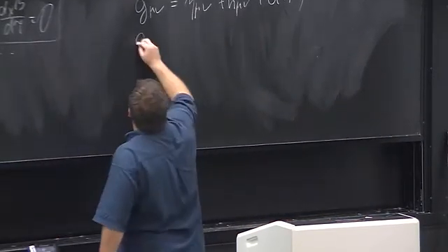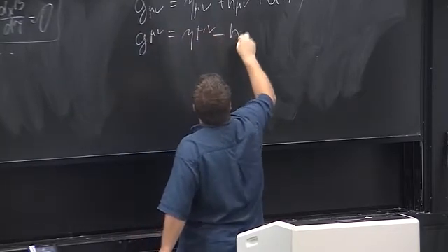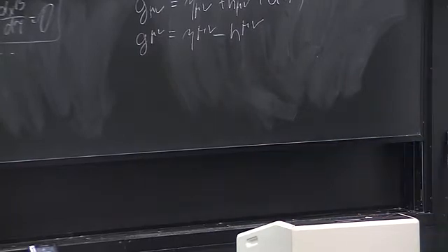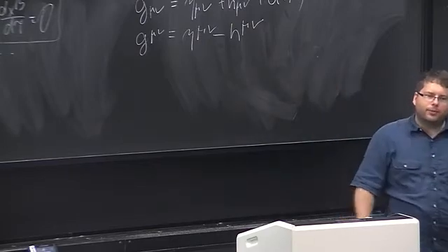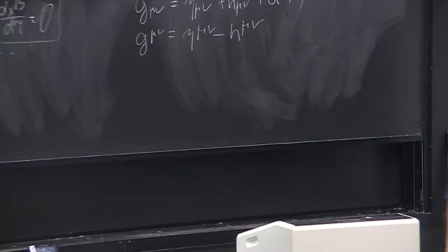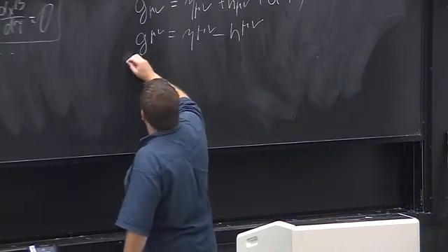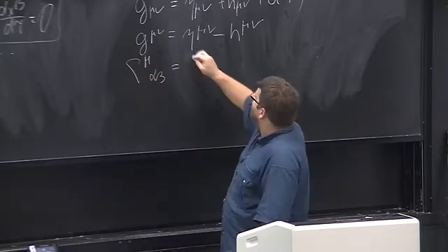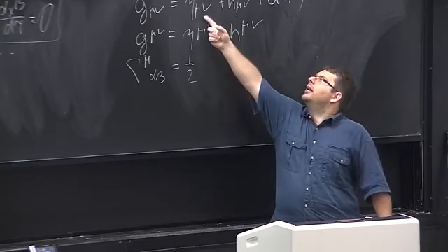Okay. If this is true, then as we discussed last week, this must be true: if you raise the indices, you simply pick up the minus sign because the correction is of the order of h squared. You multiply these two matrices and you get delta, as it should. That means if I want to calculate the Christoffel symbols, Gamma mu alpha beta, I'm differentiating the metric. But if I differentiate this part, I get 0.